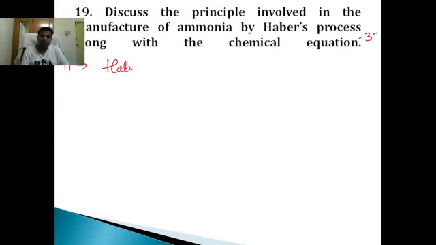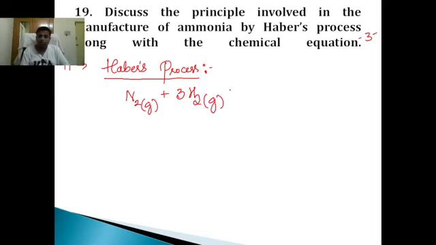Haber's process. First, let us write the reaction. Very simple reaction. Nitrogen gas reacts with 3 moles of hydrogen gas to form ammonia gas. This is the reaction, and if you know the enthalpy of formation of this reaction, you write it.